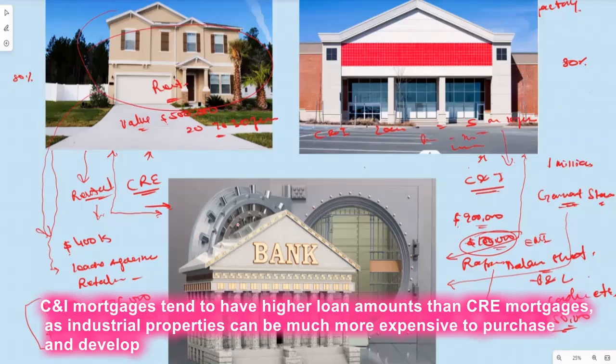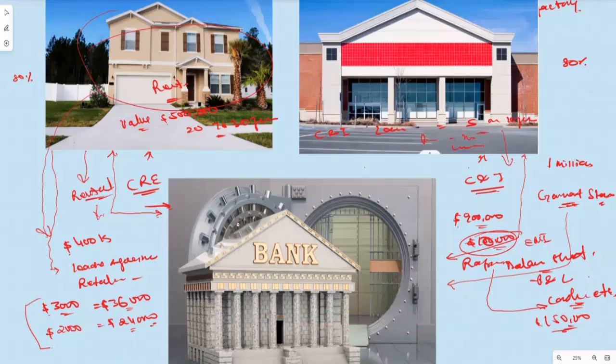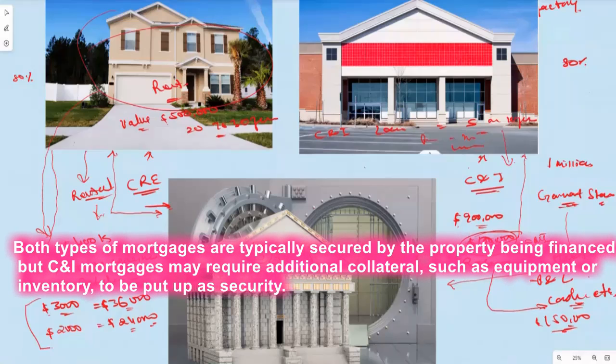So they can take a loan, and such loans are going to be a very, very high loan amount. Whereas CRE loans are not going to be so high, in most cases 600,000, 700,000, 1 million, 2 million maximum. Not so high. And the term we have already discussed.